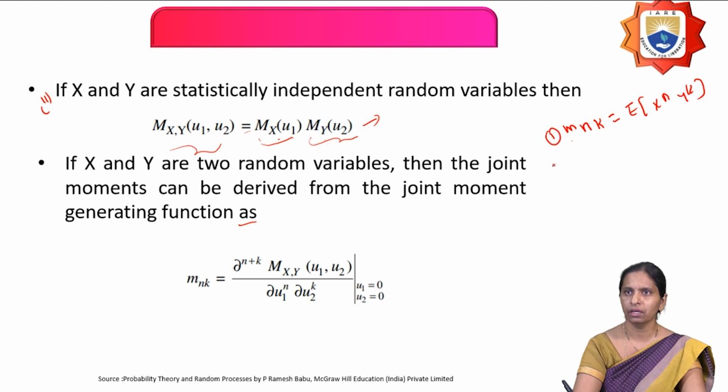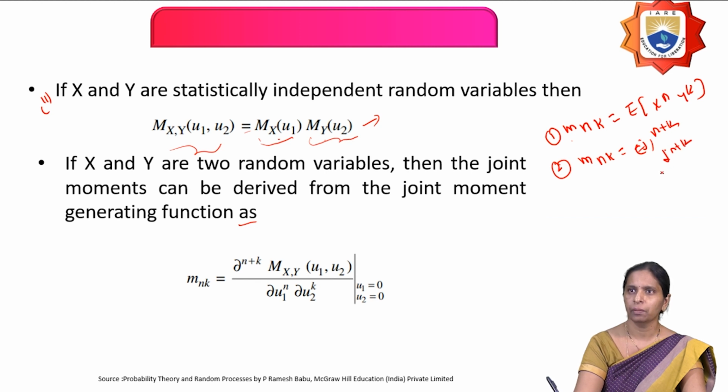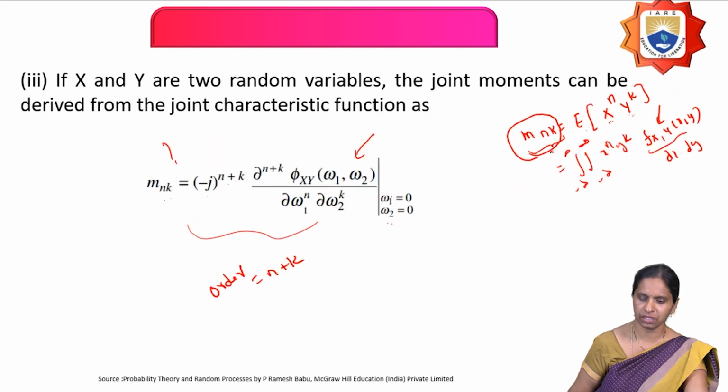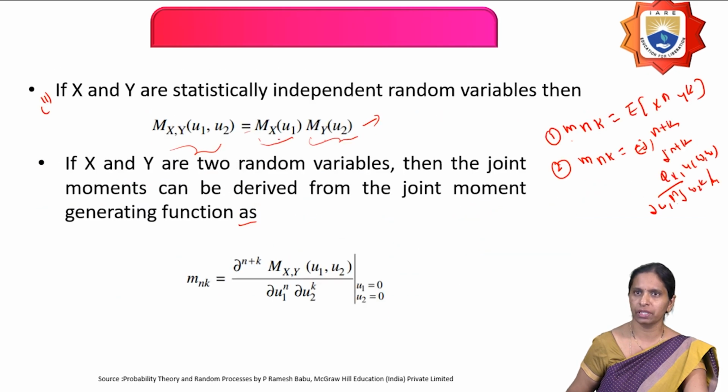The second formula is in terms of the joint characteristic function: j power n plus k into dou power n plus k phi xy of omega 1 comma omega 2 by dou omega 1 power n into dou omega 2 power k, at omega 1 and omega 2 equals 0.